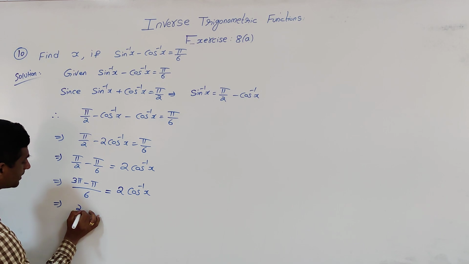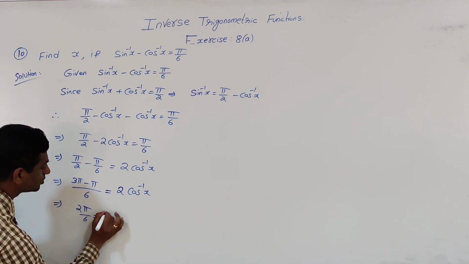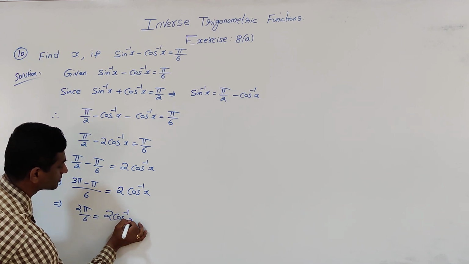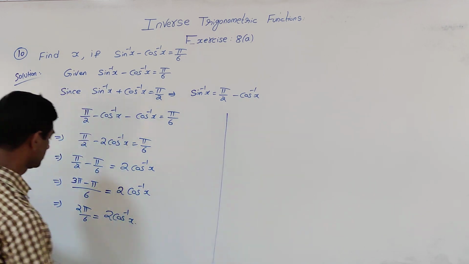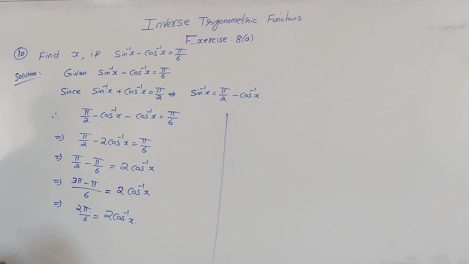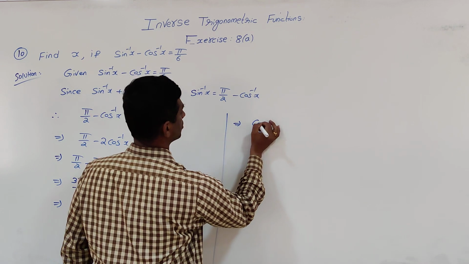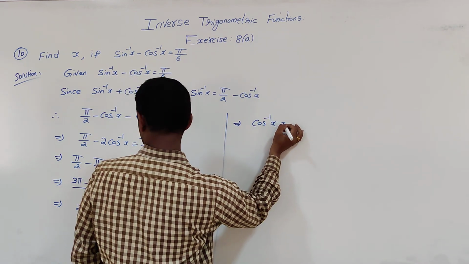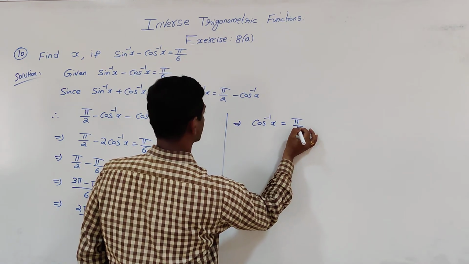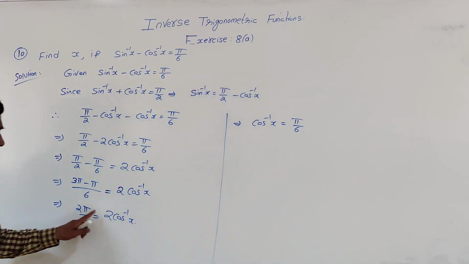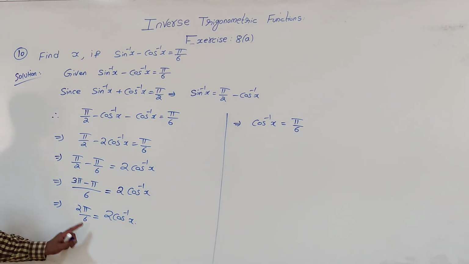So 2 pi by 6 is equal to 2 cos inverse of x. So 2 gets cancelled, we have cos inverse of x is equal to pi by 6.